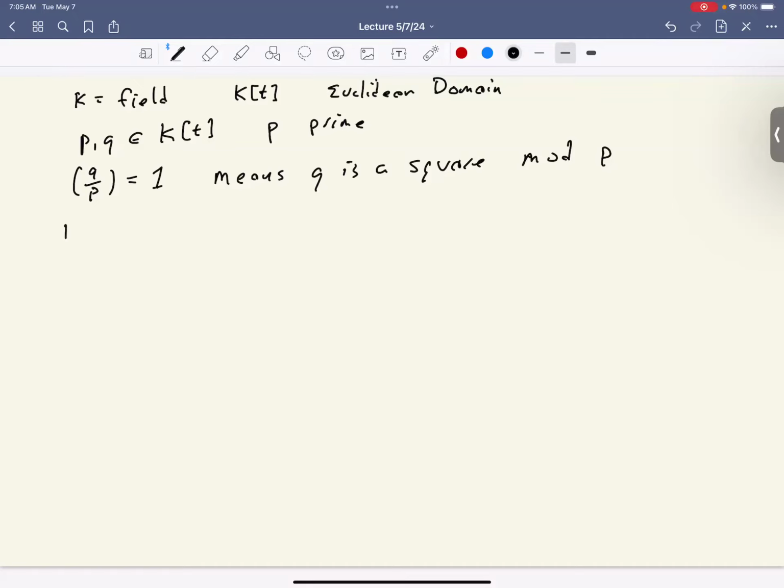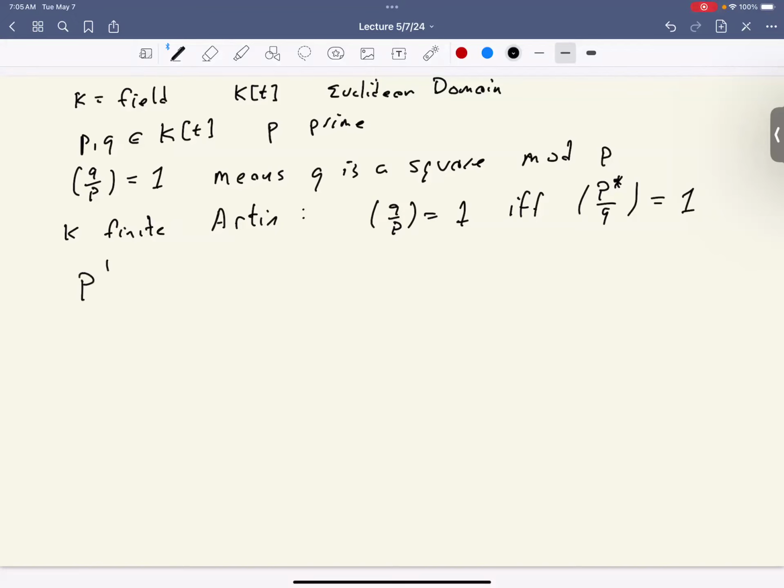Now, if K is finite, then it's a nice theorem, I guess it goes back to Artin, that you do have quadratic reciprocity. So you have Q over P is 1 if and only if P star over Q is 1. So instead of taking their product or something like this, because in that case it really is a character, I'll just write it this way.